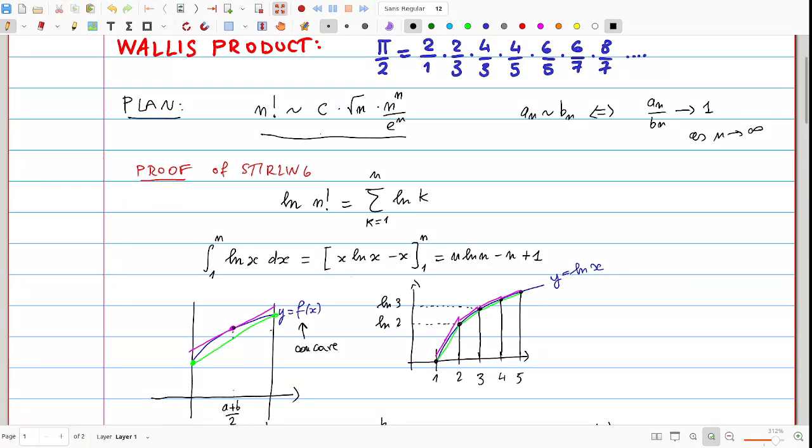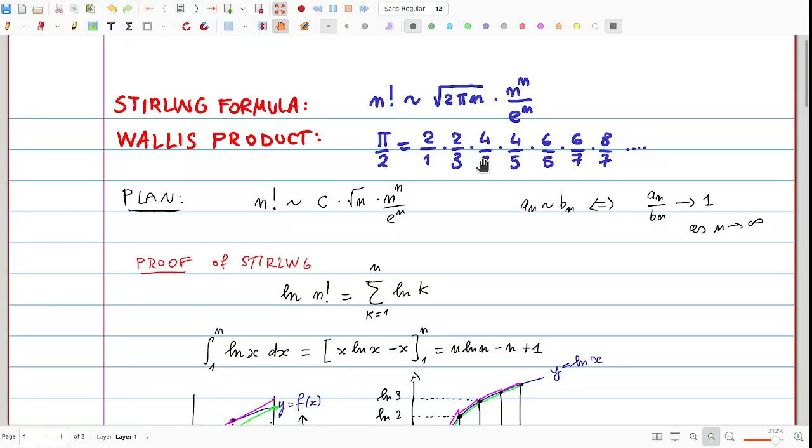Okay, so how do we find the exact value of this formula? We are going to prove this Wallis product, which is a totally different story, and in the end we will use this formula. You see that here there is something related to the factorial, and so with this formula we will be able to find the asymptotic constant of the factorial.